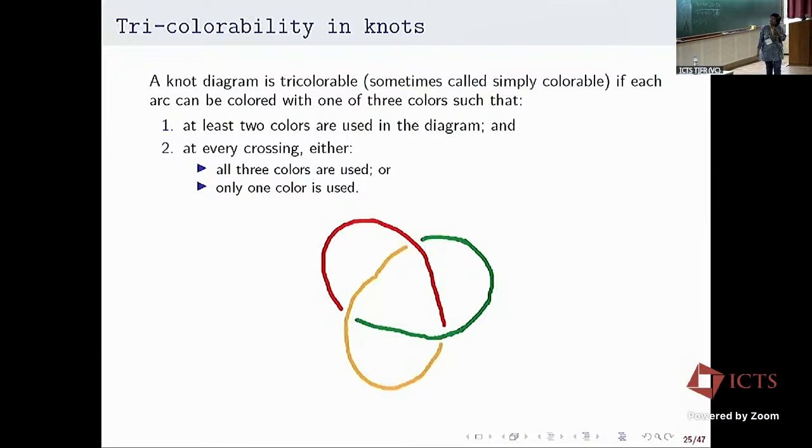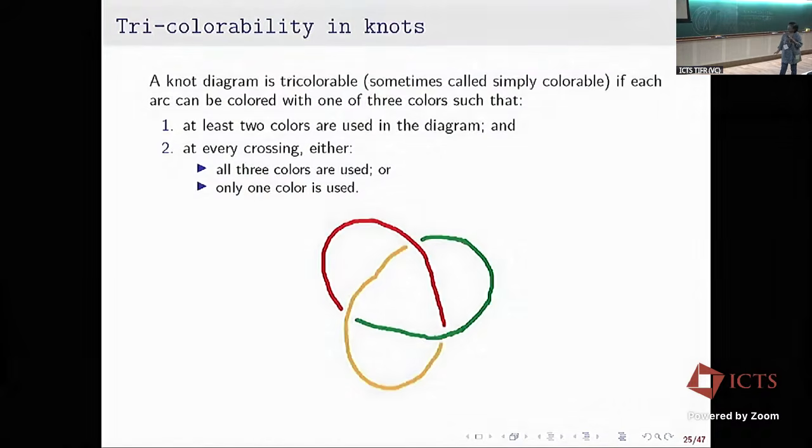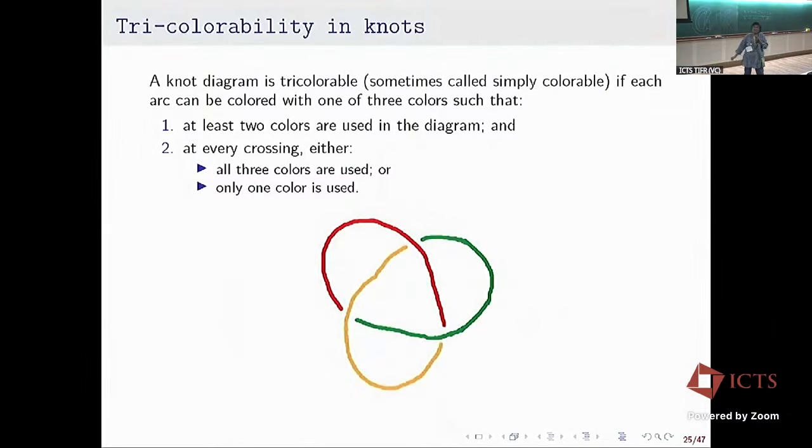Now, one interesting invariant is this colorability from the diagram. Suppose you have a diagram and you are supposed to use at least two colors in the diagram, and at every crossing either the same color is used or three colors are used.